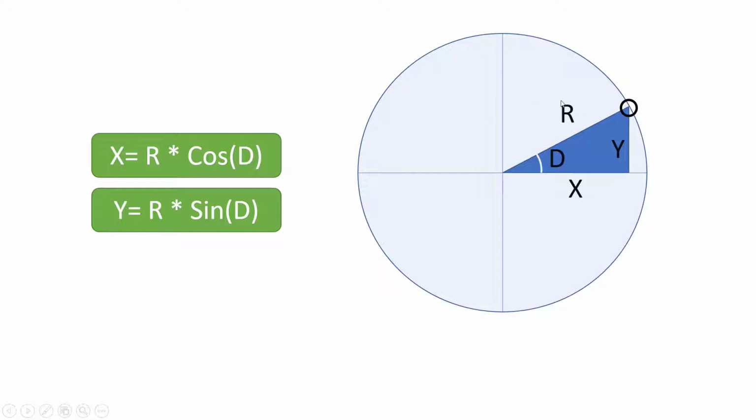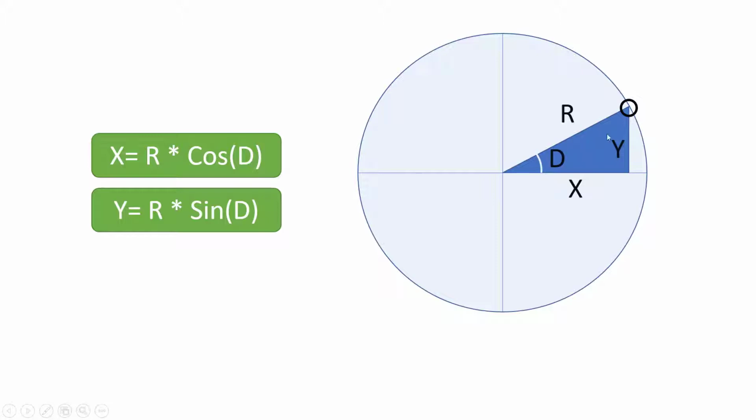So again, if we have the radius and if we have the angle, it means that we can know the coordinates of this point and any other point. Because if this point is here, the same formulas will apply, right? The same equations will apply. We'll still have our Y, our X, our angle and our radius. The only constant here is the radius because it does not change. It's a radius.